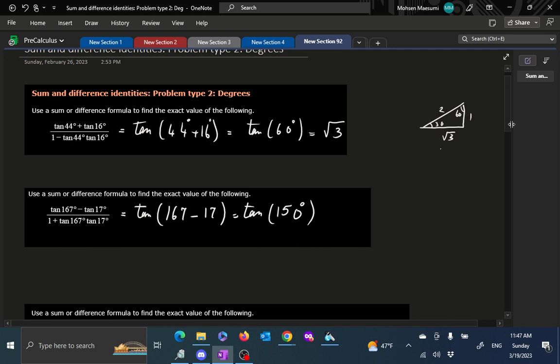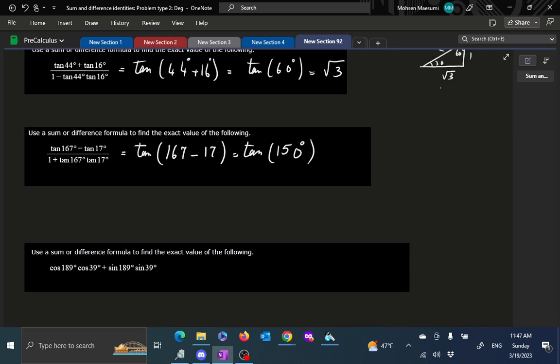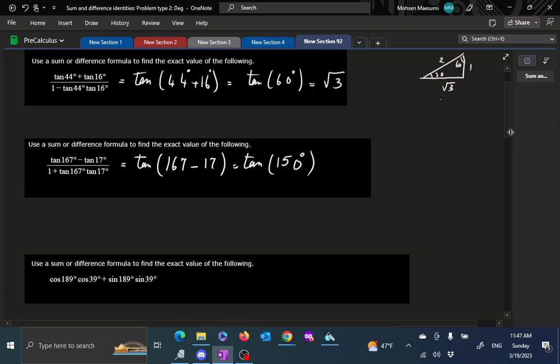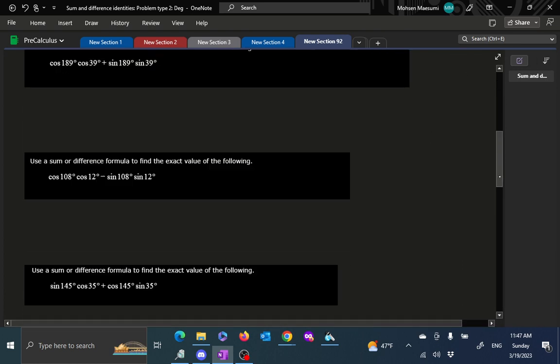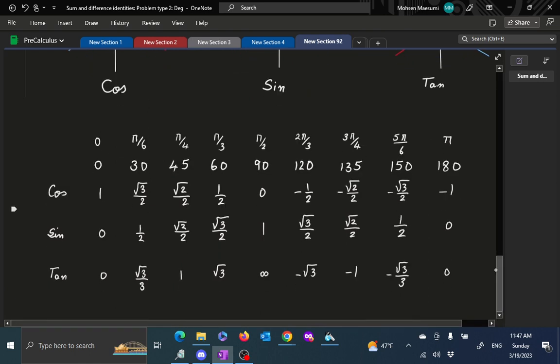Let's go ahead and see how the reflection identities help us do the same thing. Again, simple thing is to go ahead and say, well, here's my 150 and here's the tangent of it, minus radical 3 over 3, and I'm all done.